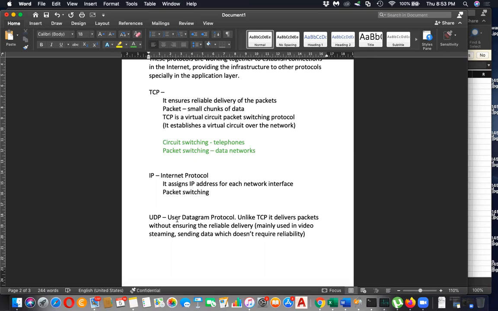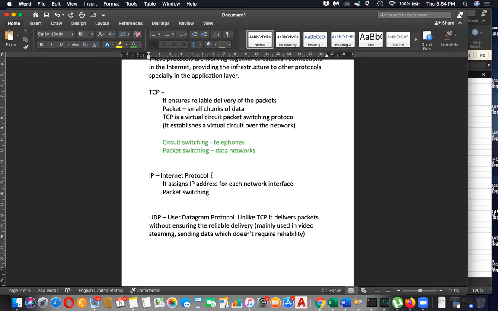TCP and UDP both work, but TCP and IP, these two protocols, work especially to ensure a reliable delivery. This is a decent service. UDP is not decent, but still you need this service as well. Understood?